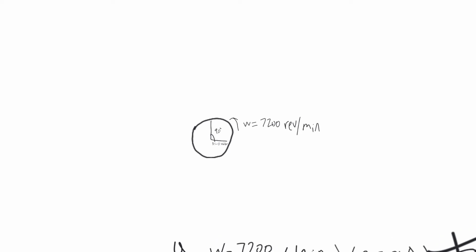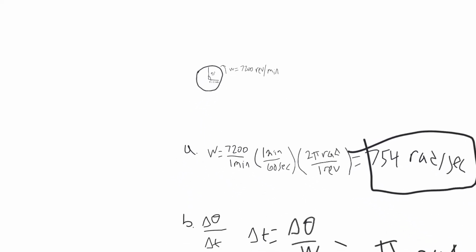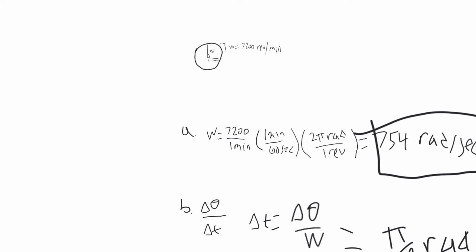Okay, so now the first part of the question is asking us for the CD's angular velocity in radians per second. To do that, we just need to convert the angular velocity to radians per second.